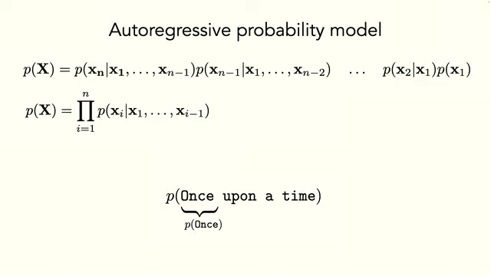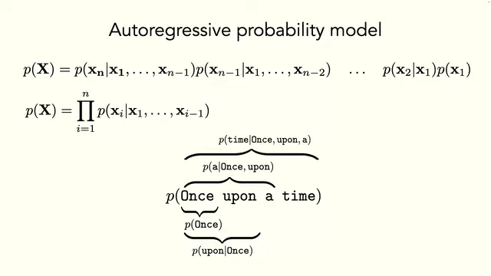That's the same as the probability of starting with the first word "once", times the probability of getting "upon", given that your first word was "once", times the probability that you'd get "a", given that you already had "once upon", and then, et cetera, et cetera. So this is how you would model the likelihood of a given sentence, right?